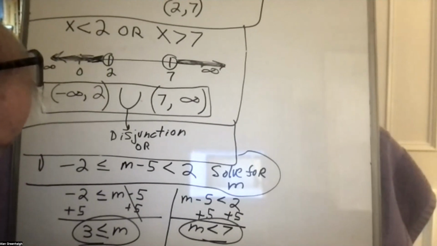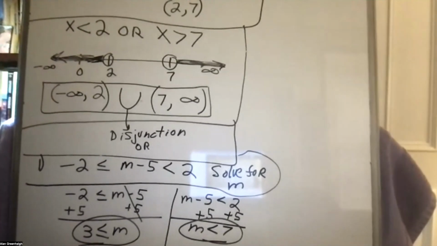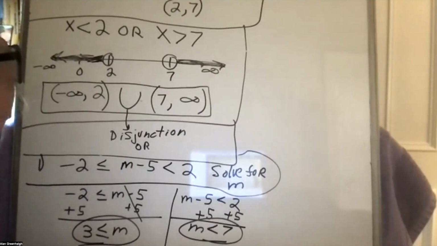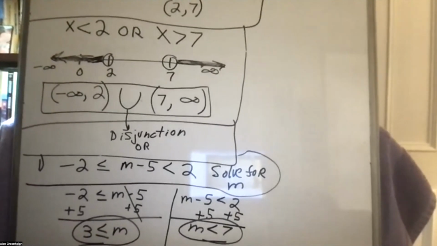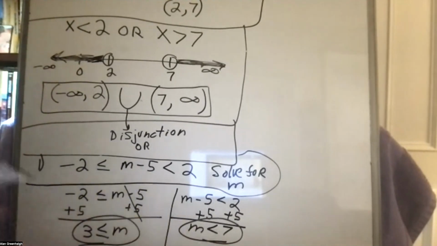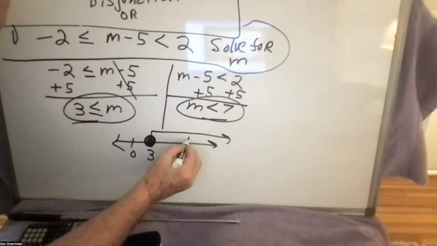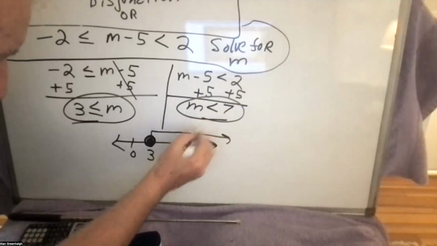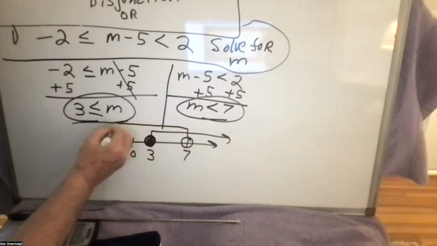the two key numbers are 3 and 7 this time. And m is greater than or equal to 3, a shaded in circle, going in this direction. But here, m is less than 7. Shoot. M is less than 7. And this is an open circle, going in that direction.